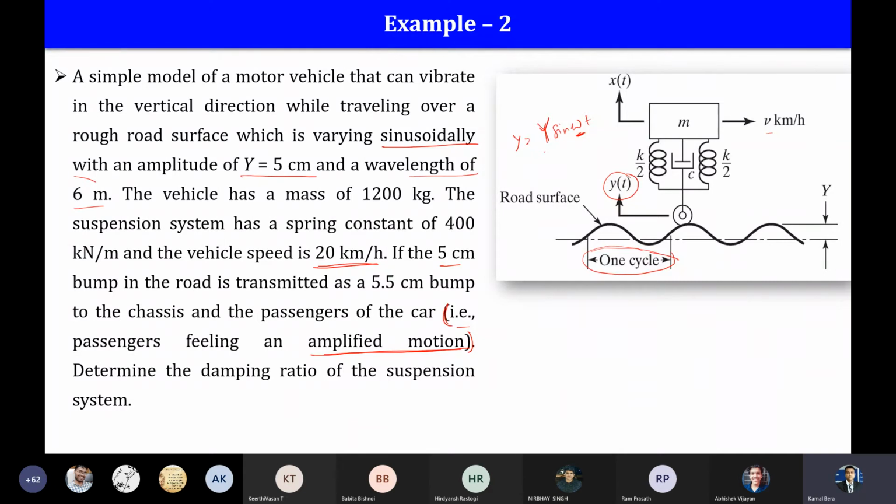That's why damping will be high, not like structural damping that is less than 10%, very small damping. Because if the car oscillates for a long period of time after one bump, this is not good for the passenger as well as for the safety and longevity of the car.